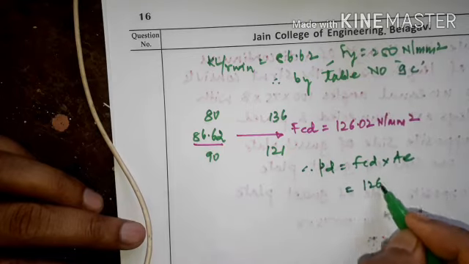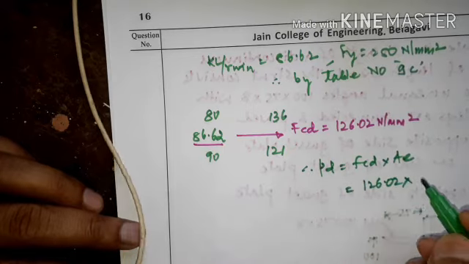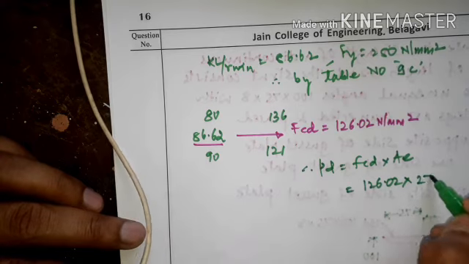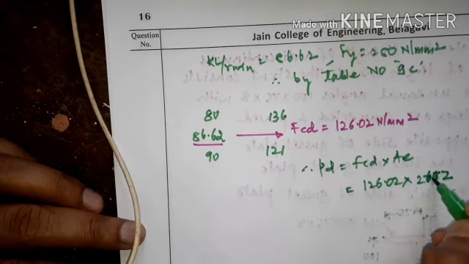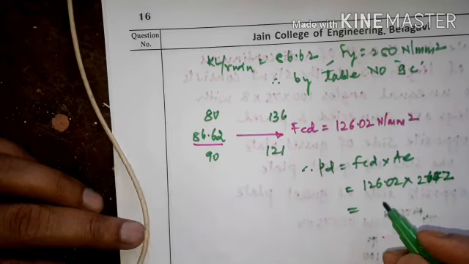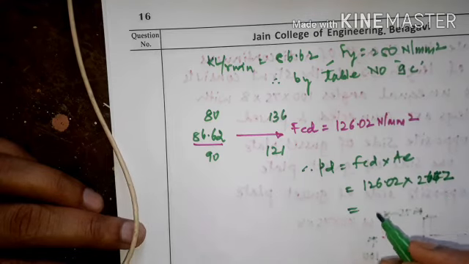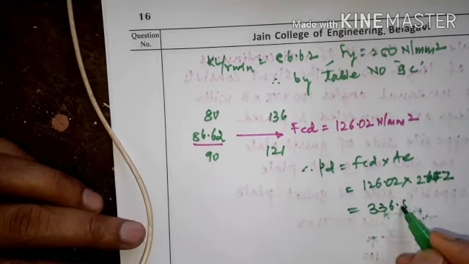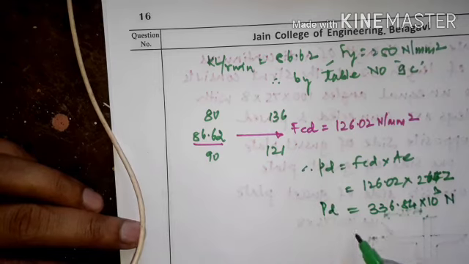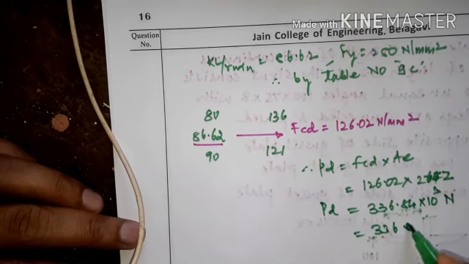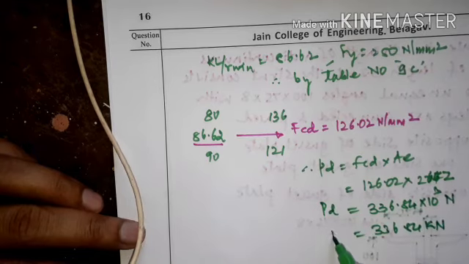FCD is 126.02 into AE is 2672. So we will get this value as 336.84 into 10 raised to 3 Newton, that is 336.84 kilonewton. PD is 336.84 kilonewton.